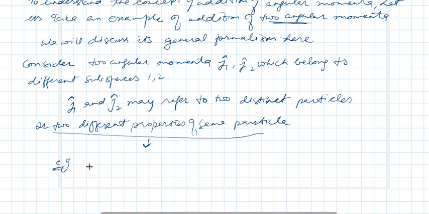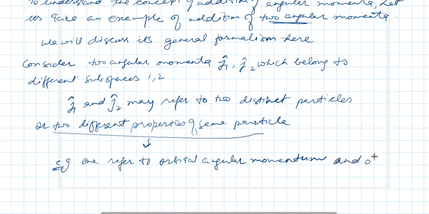For example, one property refers to orbital angular momentum and the other refers to spin angular momentum of the same particle.